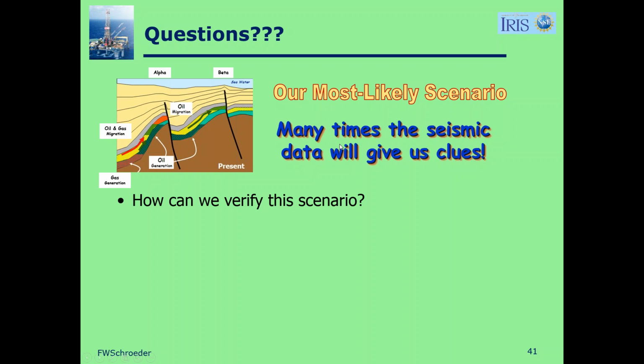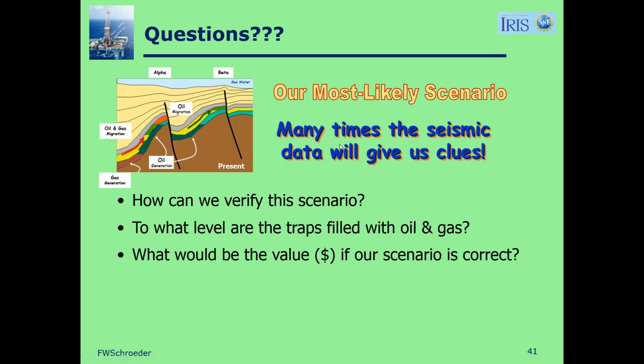So perhaps we can use seismic to verify this scenario, which is largely based on basin modeling and generation and trap formation. It may be able to tell us with the seismic what level the traps are filled, and we can then estimate a value in terms of dollars for this scenario.